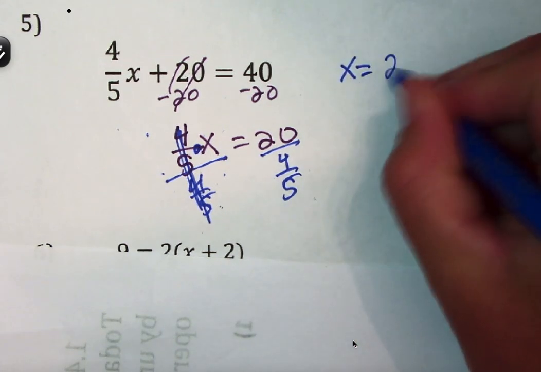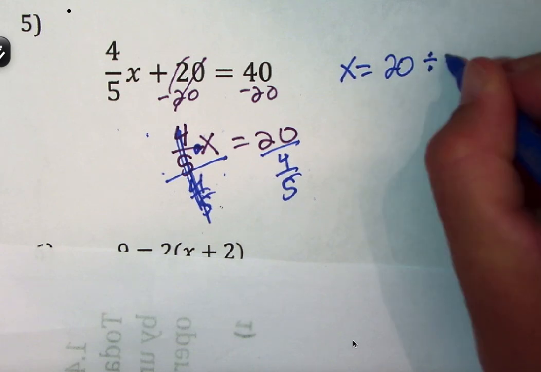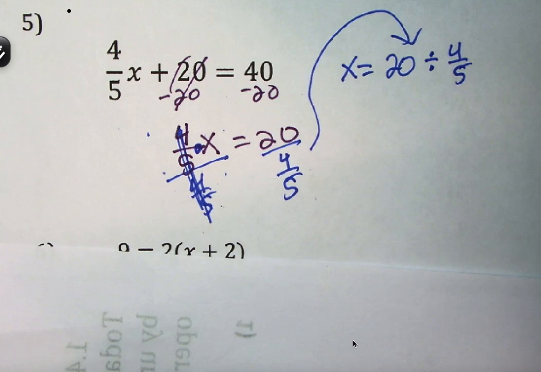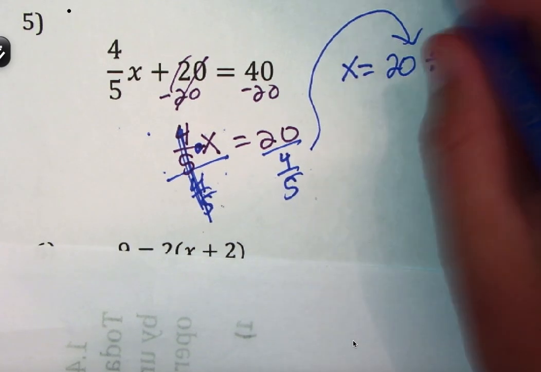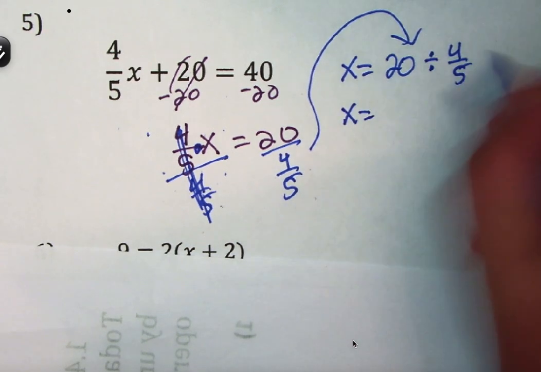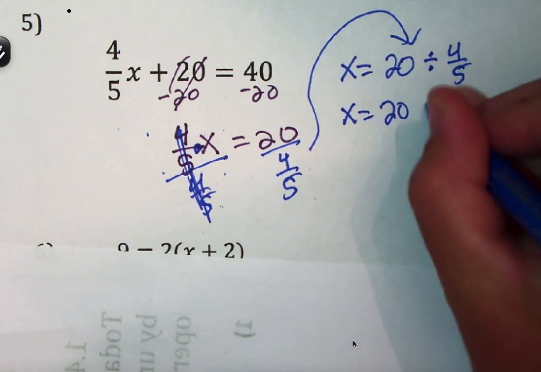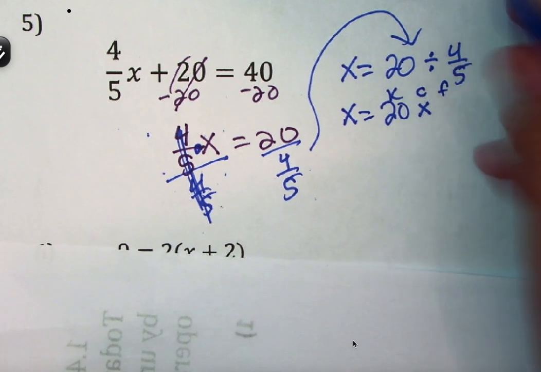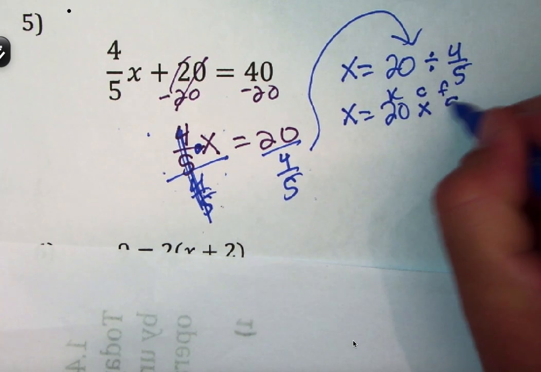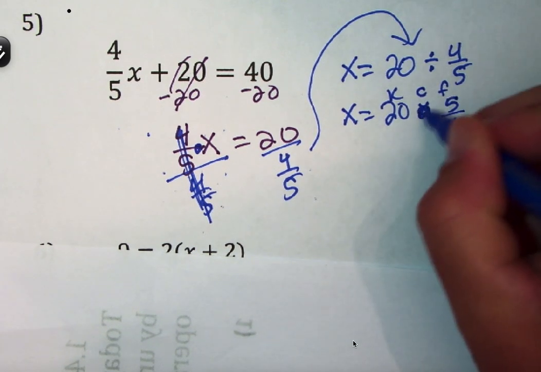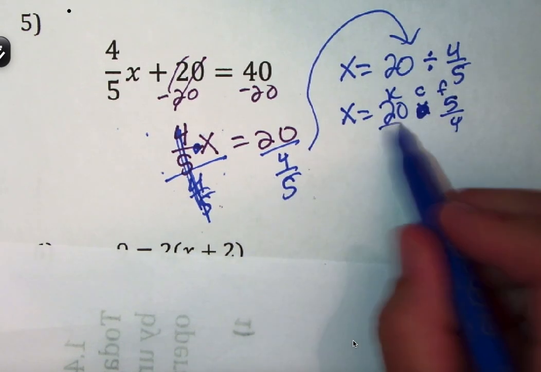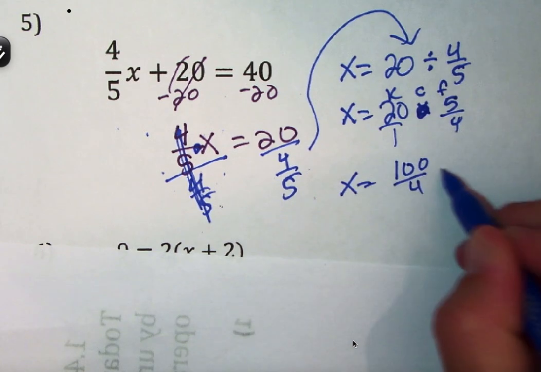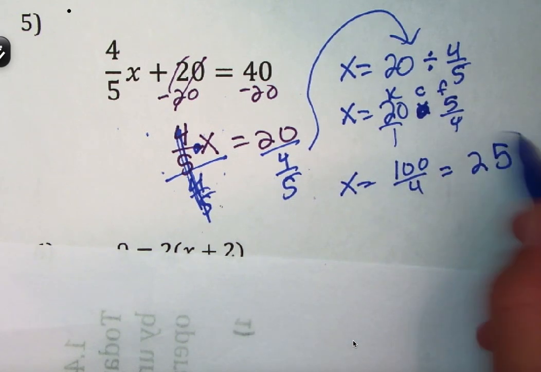And now we have the problem 20 divided by 4/5. But we're going to actually multiply by the reciprocal. So 20 times keep, change, flip, 5 over 4. And you just put 20 over 1, you get x equals 100 over 4, which is 25.